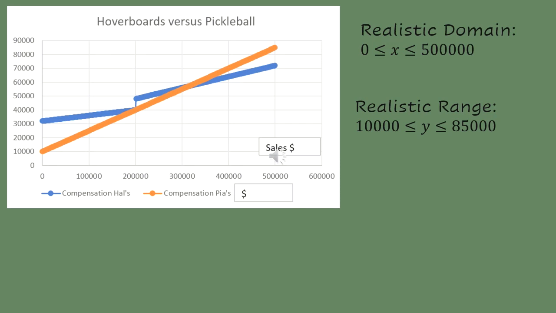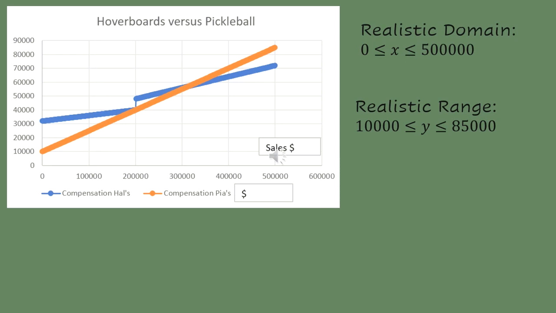So for example, Pia starts at $10,000 and her pay goes up according to what she sells. If she had her sales cut off at 500,000, then her maximum compensation looks like it's 85,000. Again, we don't have formulas to tell us exactly, but just looking at the graph, that's what it looks like.